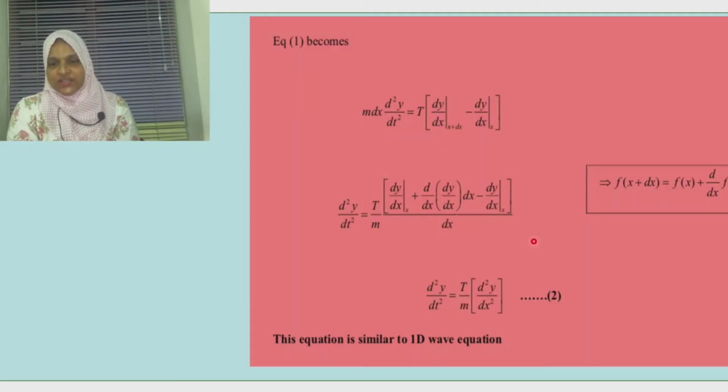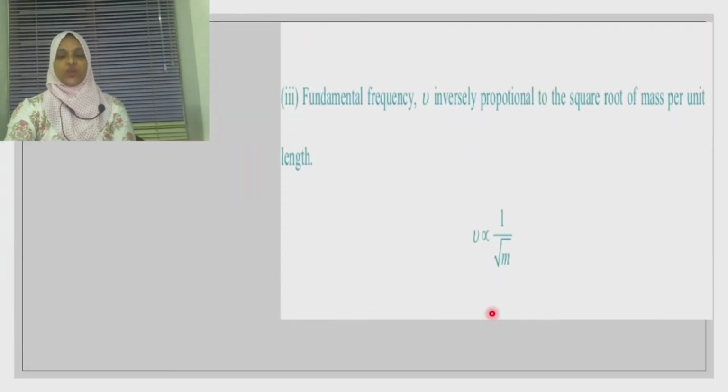And what does this term represent? This term represents the second derivative of y with respect to x, that is d square y by dx square. So the equation becomes d square y by dt square is equal to T by m into d square y by dx square. This is similar to our one-dimensional wave equation.